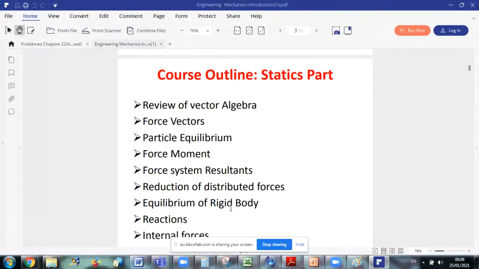Yes, so we can say in other words that for a particle, we can neglect the volume, while for a rigid body, it's not the case. For both, we will consider mass, but in case the dimensions are relatively small or in certain problems they can be neglected, then we will treat the object as a particle. If not, we will consider it as a rigid body.